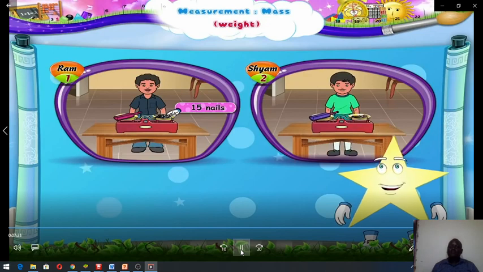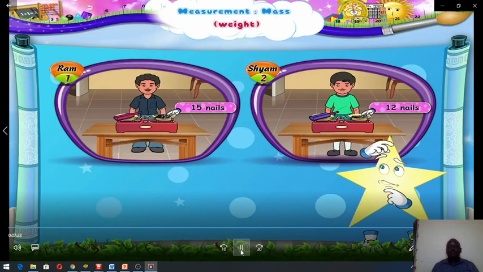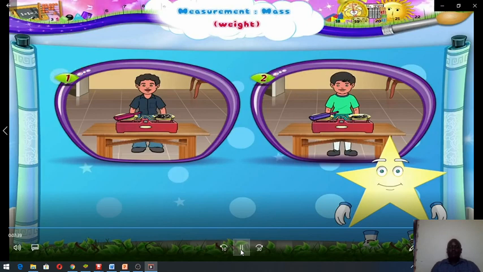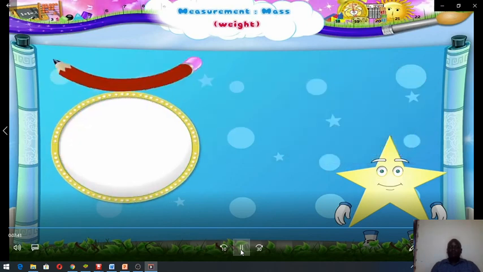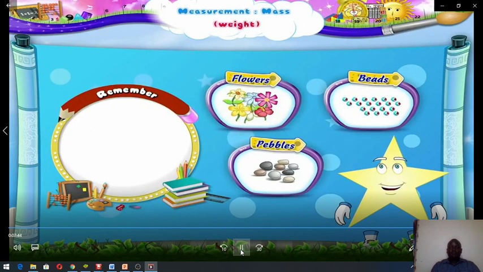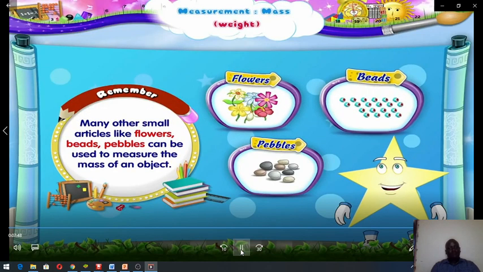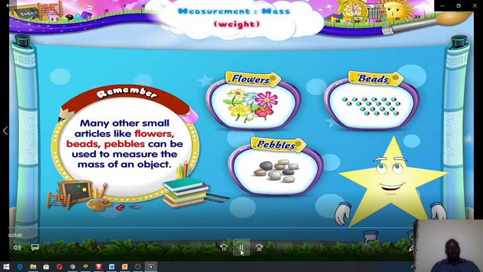On observing the picture, we find that its weight is 12 nails. Whose bat is heavier, Starry? Right. Ram's pink bat is heavier than Shyam's blue bat. Remember, Starry, many other small articles like flowers, beads, pebbles can be used to measure the mass of an object.